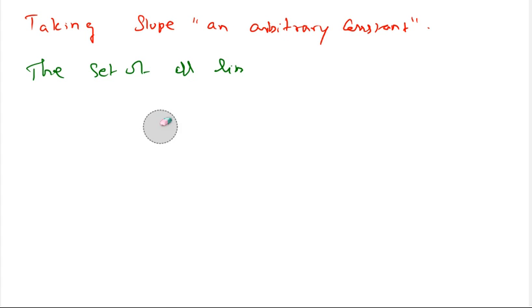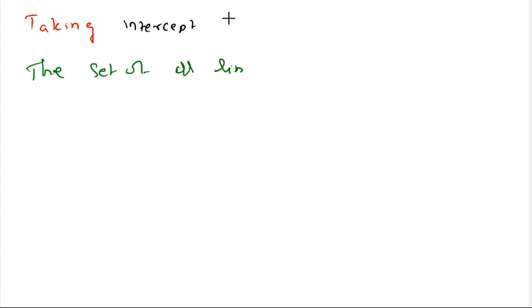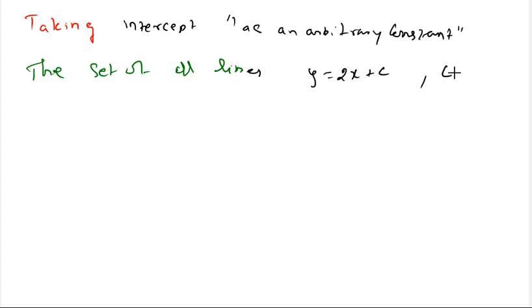We can think the other way also, taking the intercept as an arbitrary constant, the set of all lines y equals 2x plus c, where c can be any real number. Okay, so y equals 2x plus c. This is the required answer for the additional question.